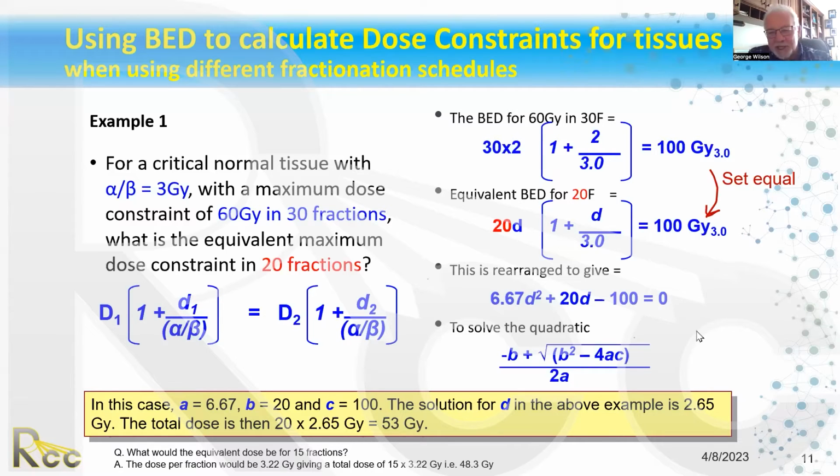Yeah, not personally. There was a review published a couple of years ago, which summarized all the alpha beta values that they could find in the literature for tumors. So I can share that reference with you after the talk, and you can distribute that. But in general, the tumors which have low alpha beta ratios, the prostate obviously is the prime example, could be as low as 1.5.